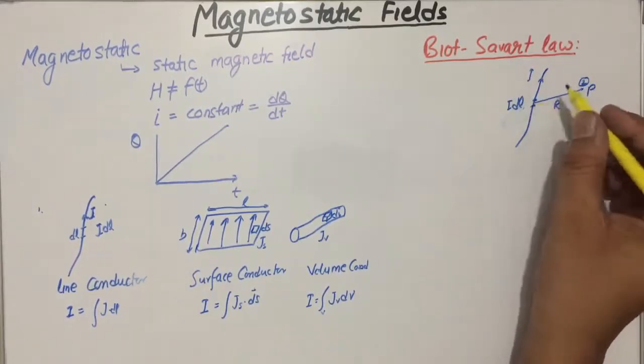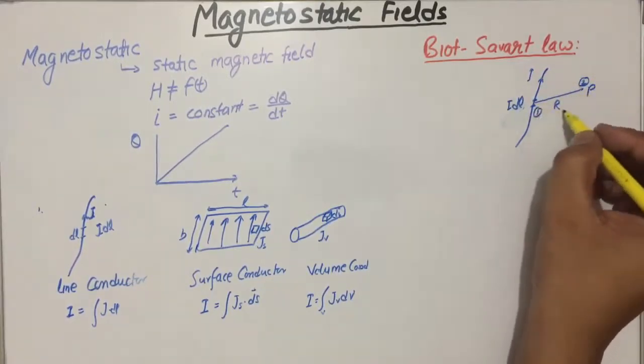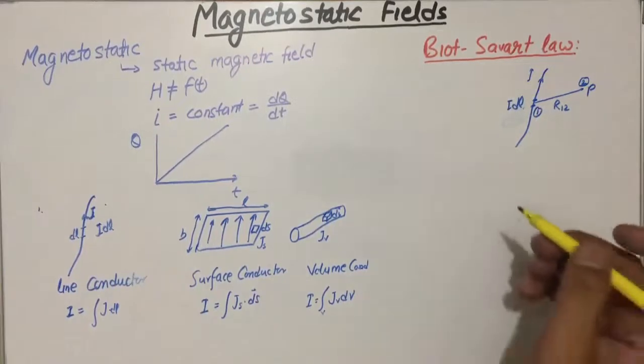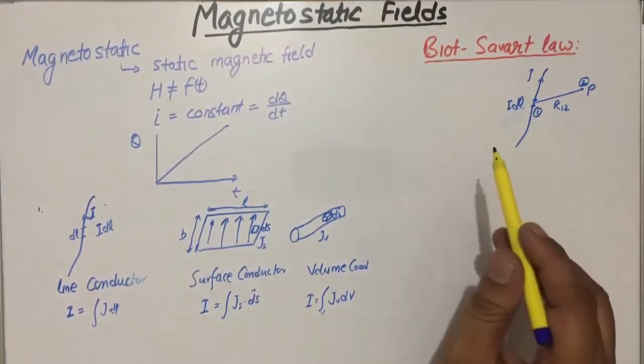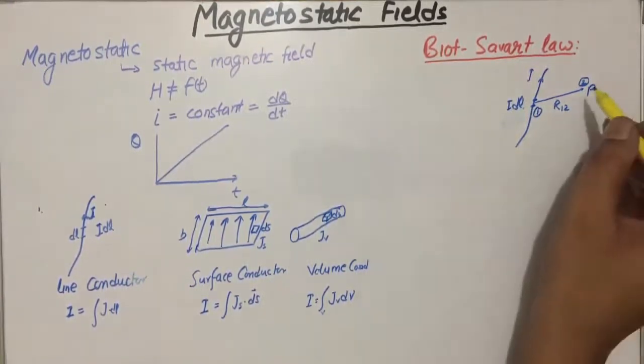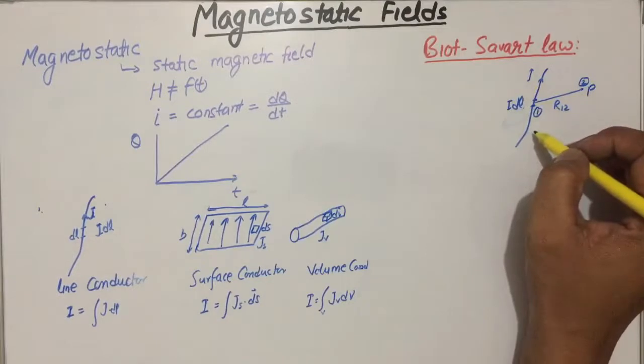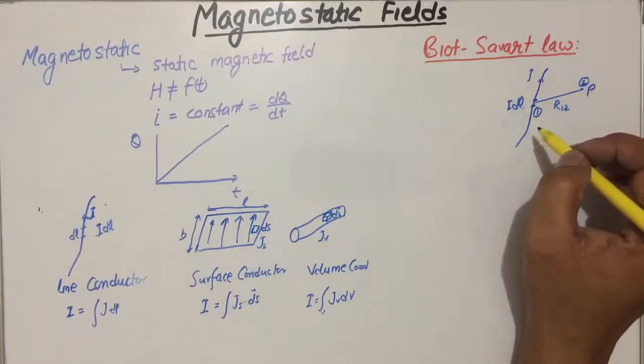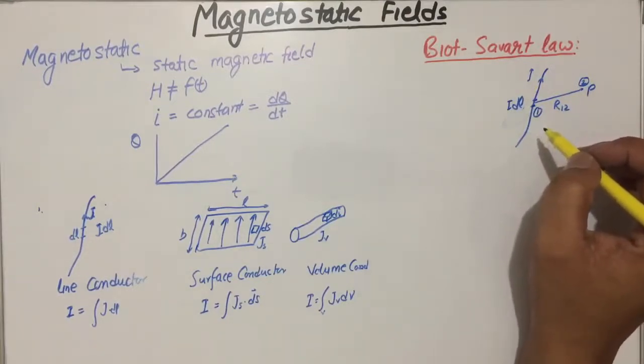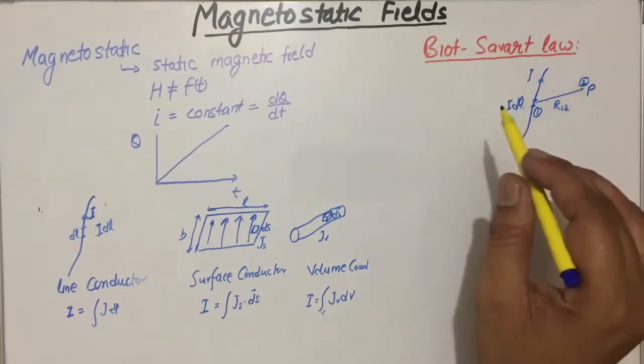Okay, this is 1, this is R12. The Biot-Savart law finds the magnetic field intensity H at any point due to a current carrying conductor. If we define the magnetic field, we can relate it from the electric field.